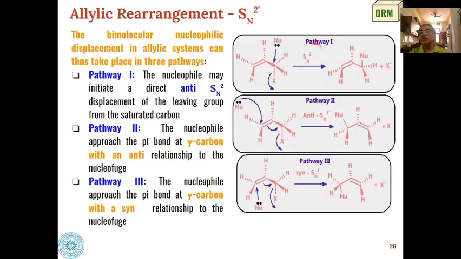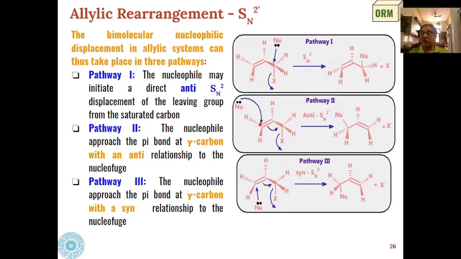Second pathway is that the nucleophile approaches the pi bond at gamma carbon atom with an anti-relationship to the nucleofuge. So this is the leaving group, and nucleophile attacks the gamma. This is alpha carbon, this is beta carbon, and this is gamma carbon. Nucleophile has attacked the gamma carbon from the anti side to which the leaving group is attached.